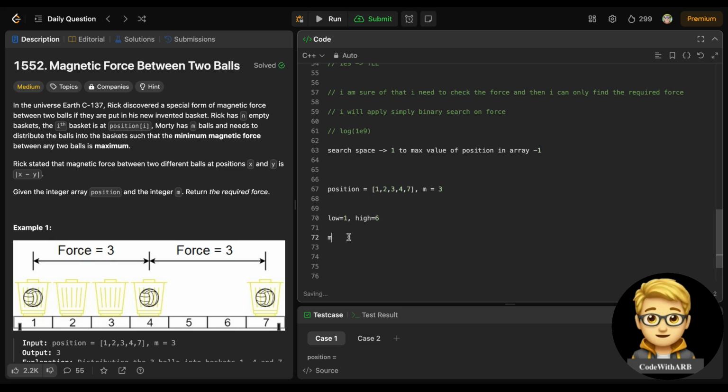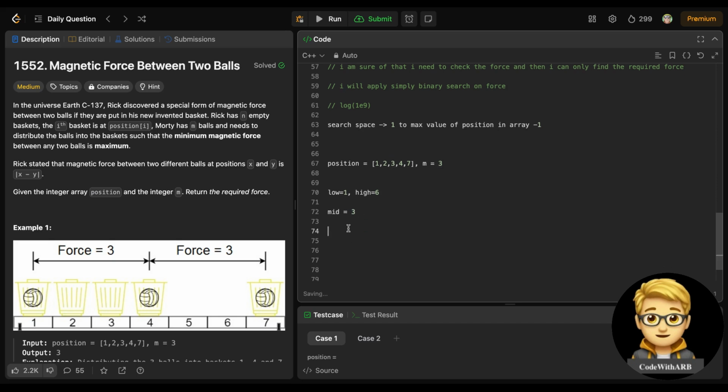So basically, I need to find a mid value. Its mid value would be (1 plus 6) by 2, which is 3. So at the third position, the expected force would be this; this is representing force.